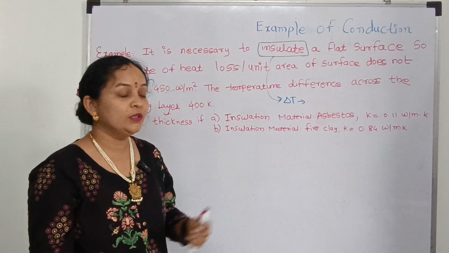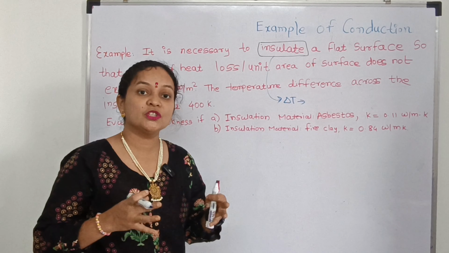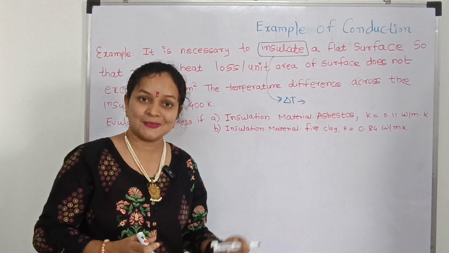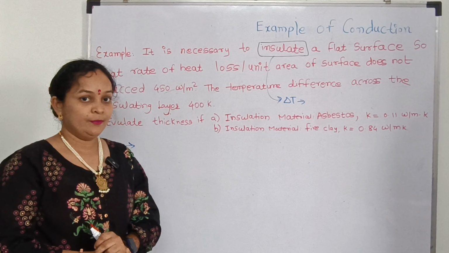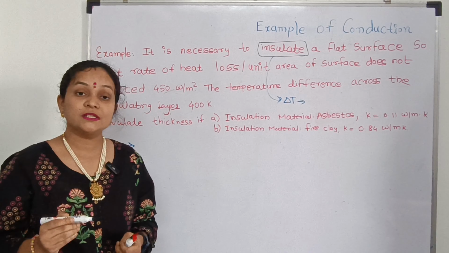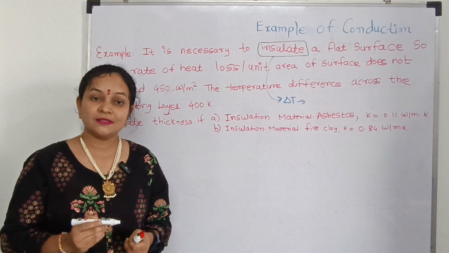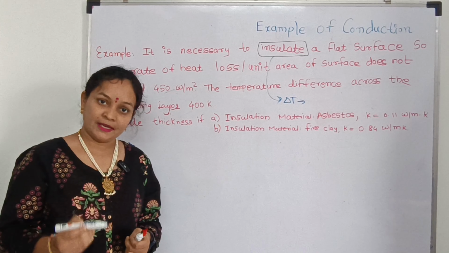That is, to control the delta T, the temperature difference between two systems. There are different types of insulating material you can take as per the requirement, such as fiberglass, cellulose, mineral wool and polystyrene.